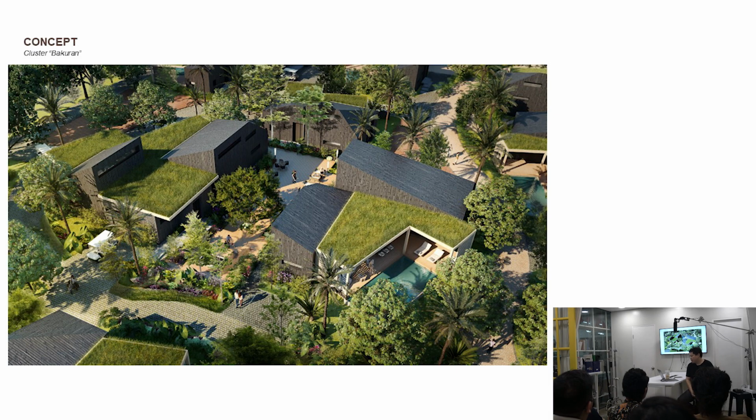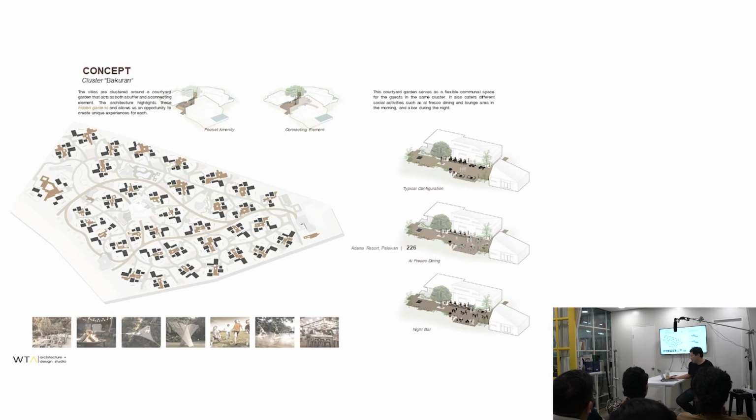And so we thought about this concept of bakurans, which also came from a project that you were submitting for another project. It's the idea that you have this backyard that can connect and segregate. So the idea was that if we cluster these three villas around this backyard, you make them one cluster.